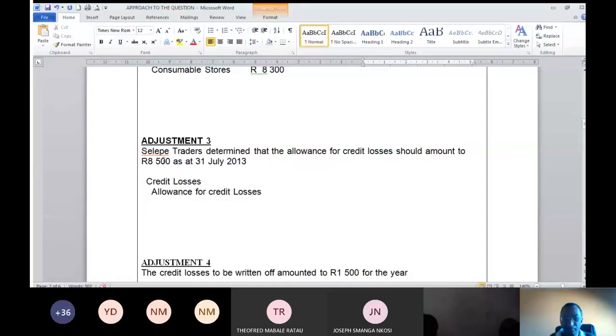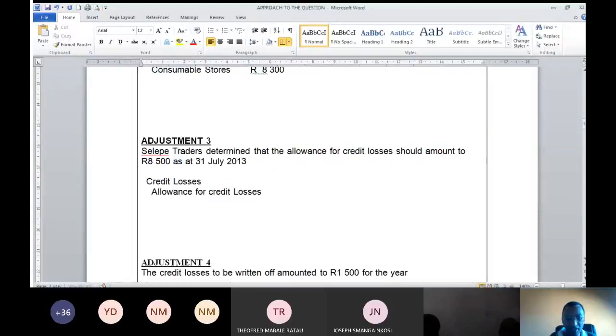Adjustment number 3, we will have to increase our allowance for credit losses. And if you increase your allowance for credit losses by 1,200, you will have a further expense there, guys, of 1,200 rand.